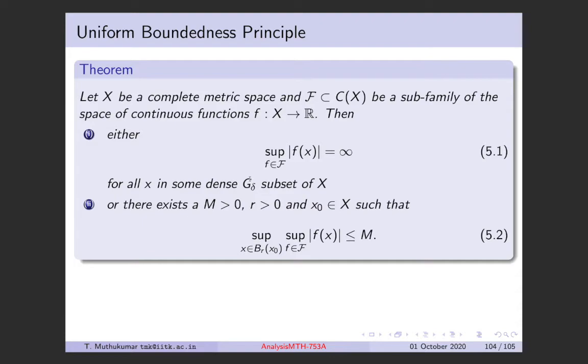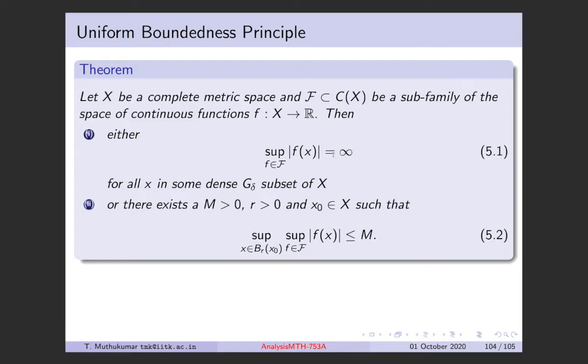If you take the supremum of f over the collection that we have chosen, then this is infinity for all x in some G delta set. So there is a G delta set in X, and for all x in that set, the supremum over f in the subcollection is actually infinity. Here x is fixed, so x is coming from a G delta set.